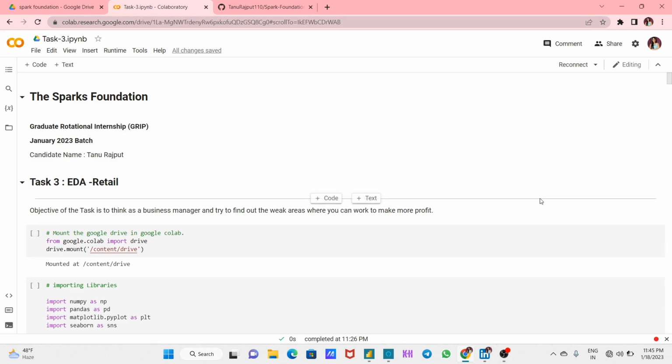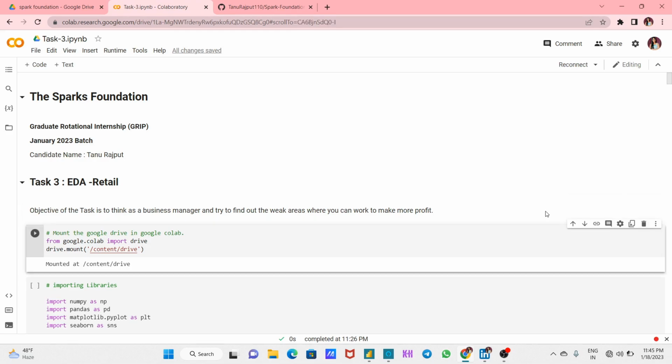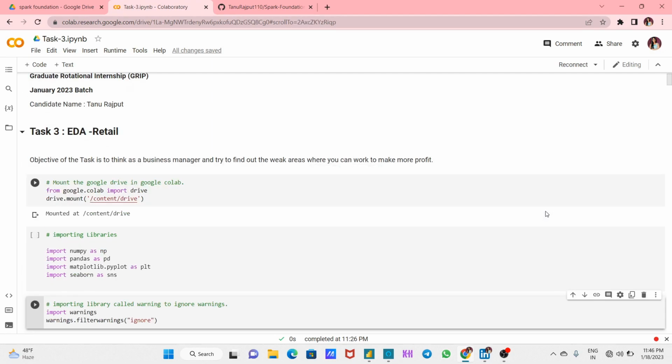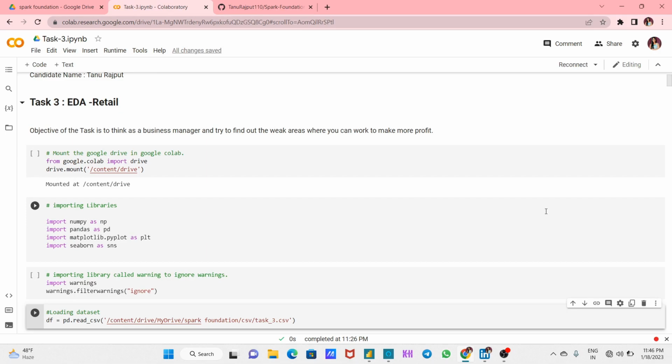So here I have mounted the Google Drive into my Google Colab, and after mounting, I import some libraries which are required for the project in future. Like I import NumPy, pandas to load the dataset, and matplotlib.pyplot and seaborn for visualization. After importing libraries, I also import a warnings module to ignore any warnings.